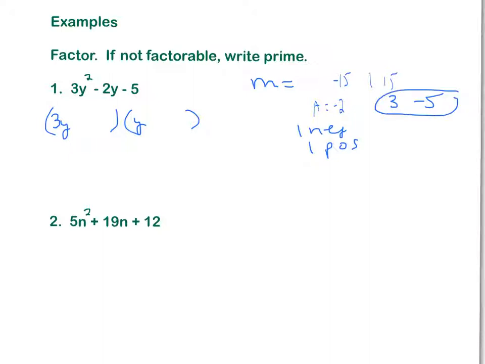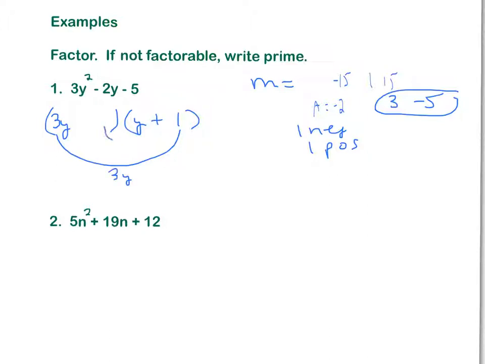Now, I can't just write these two numbers into my factored form like I could if I had a y and a y. So what I'm going to have to do is think about this, and figure out this times this needs to give me one of those two numbers. Now, 3y times anything, or any nice number, is not going to give you a -5. So I'm going to have a +1 here so that I get 3y here.